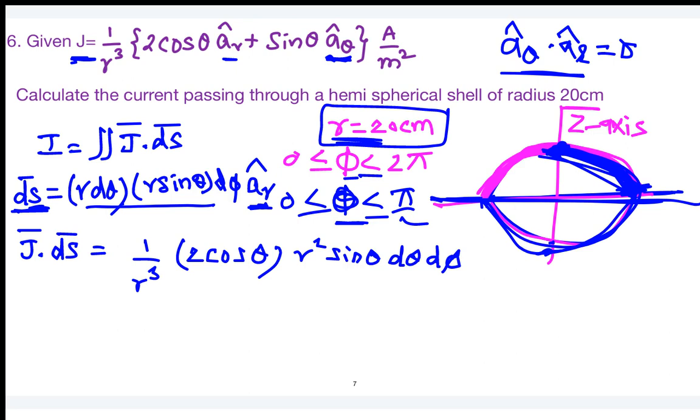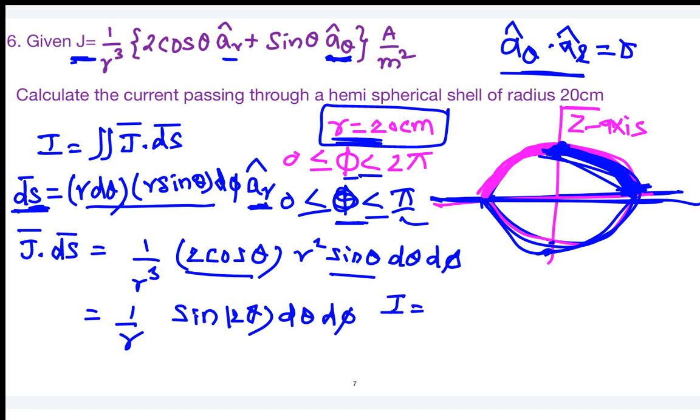So what is the value you will get? This is equal to 1 by r into 2 sin theta cos theta. You can write it as sin 2 theta, right? Into d theta into d phi. Now you can integrate this to get the current. 1 by r is a constant, so take it outside.